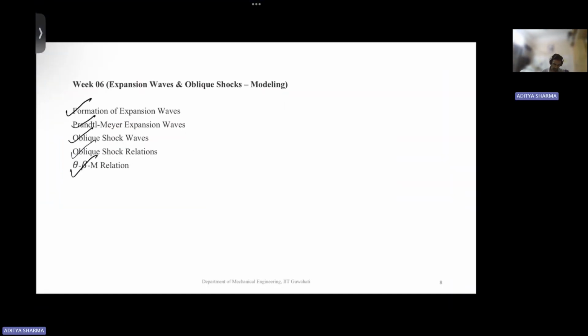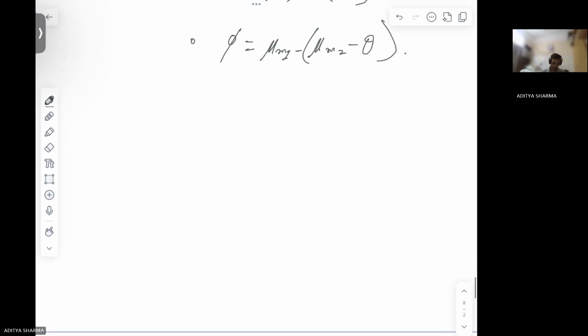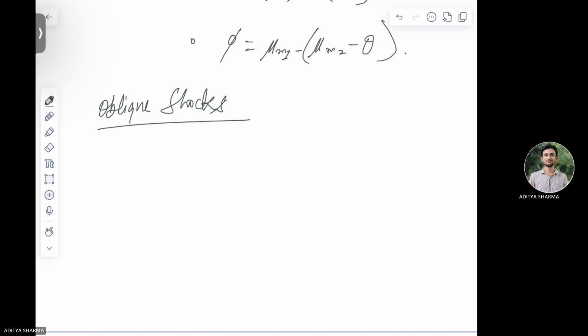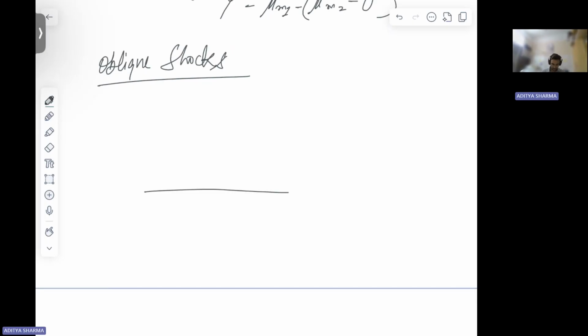Then oblique shocks. So first, what is an oblique shock?